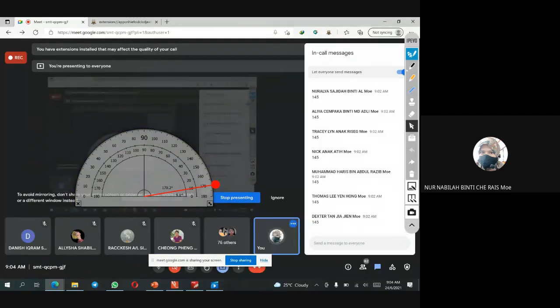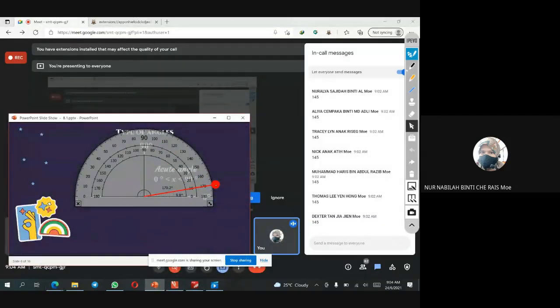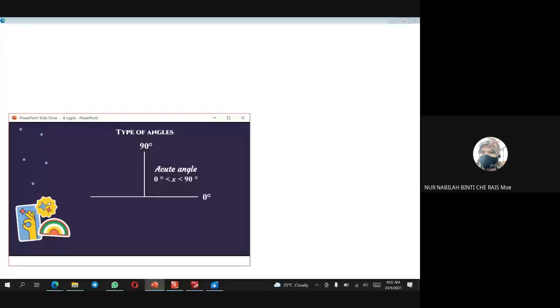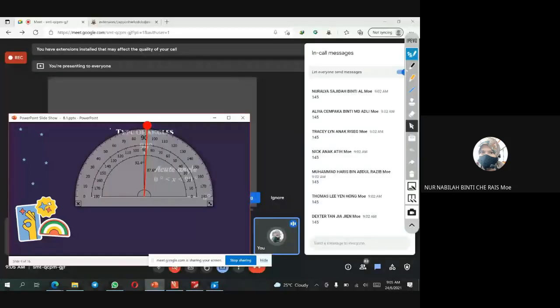Okay, if your angle starts from 0 to this side, it opens bigger like this. You know, open bigger like this. Cannot move anymore.